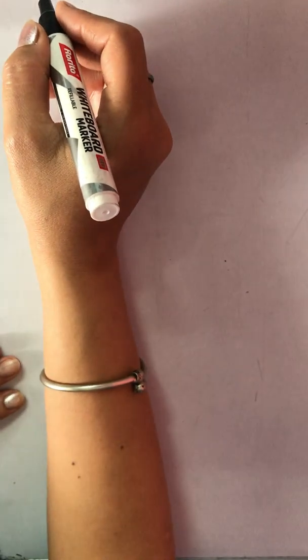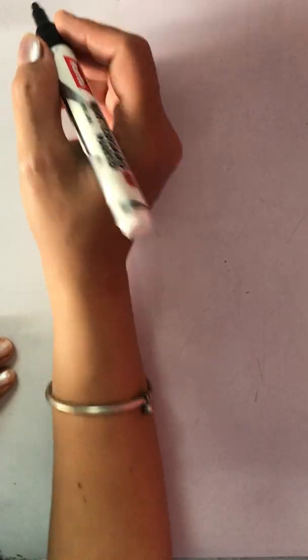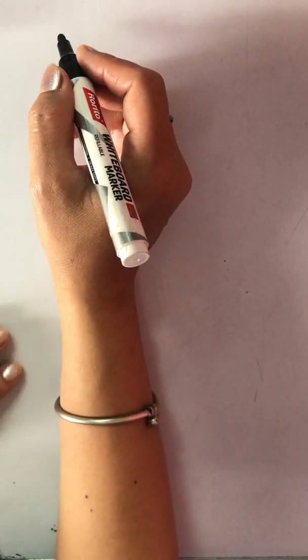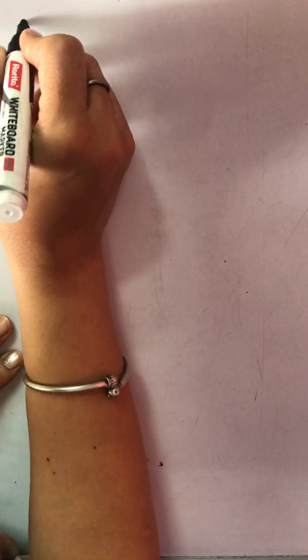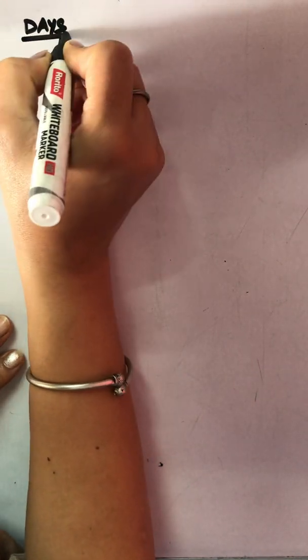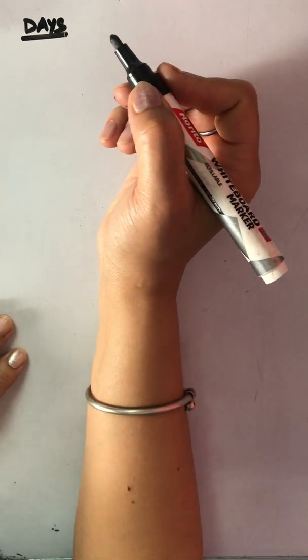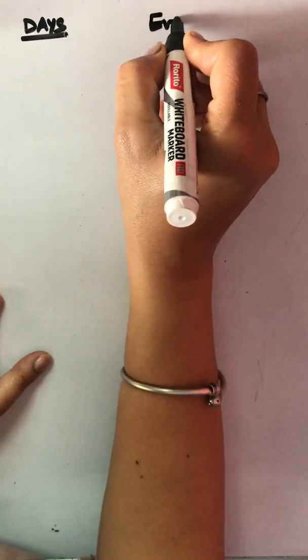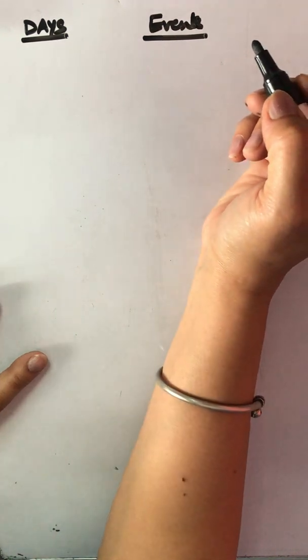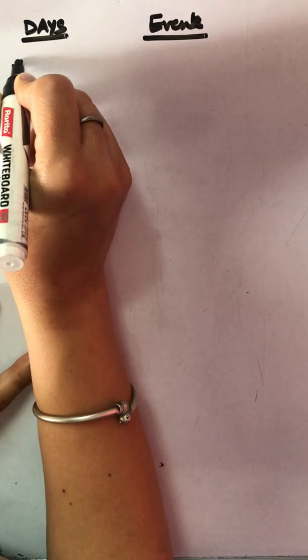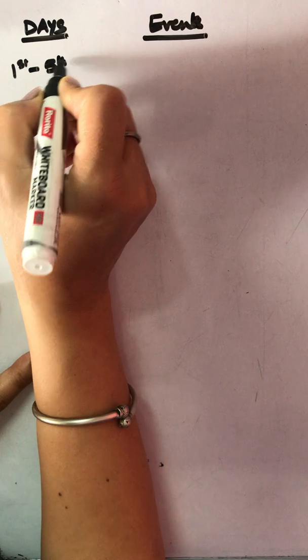Now starting with the cycle and the events which are taking place one after the other. First of all, I'm starting with examples of dates. For your understanding, I'm writing the days, and here I am writing events which are happening in the female reproductive system. Remember, this is the 1st to 5th.